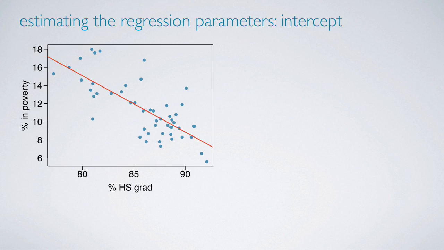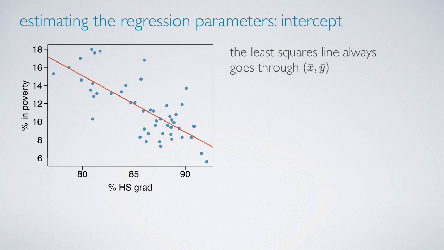Next, we want to estimate the intercept. And remember that the intercept is where the regression line crosses the y-axis. For this, we're going to make use of the property that the least squares line always goes through x bar, y bar. In other words, it's always going to go through the mean of y and x. We know that we can write the linear model as y hat equals b0, the intercept, plus b1 times x.